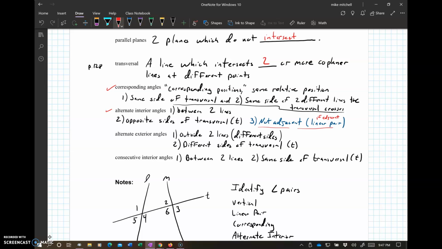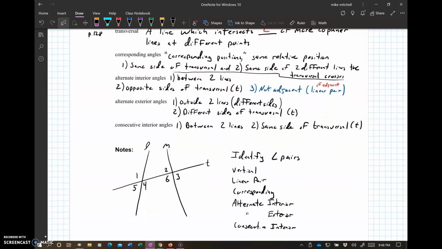It gives you a linear pair, and that's a different angle relationship. Alternate exterior angles are outside the two lines on the different sides of the transversal, which we call T. Consecutive interior angles are between the two lines and on the same side of the transversal.